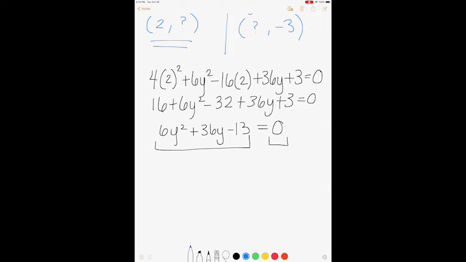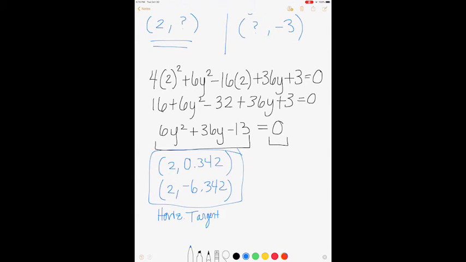All right, so x was 2 and y was 0.342 for one of the answers, and negative 6.342 for the other answer. All right, so those are where my horizontal tangents are. All right, let's go back and do the vertical tangents.